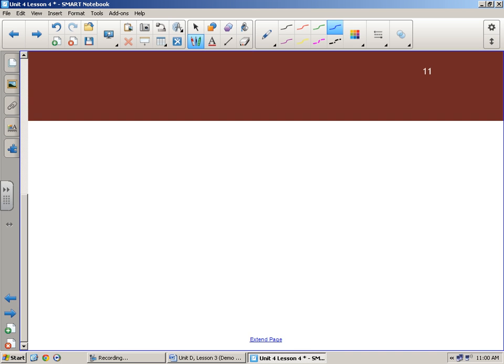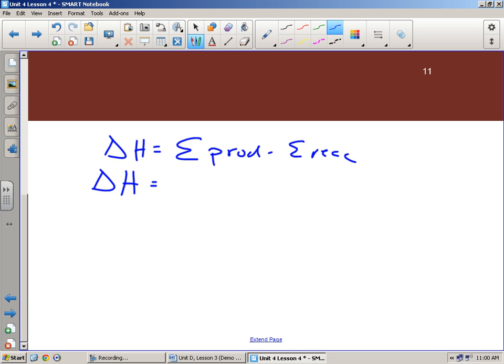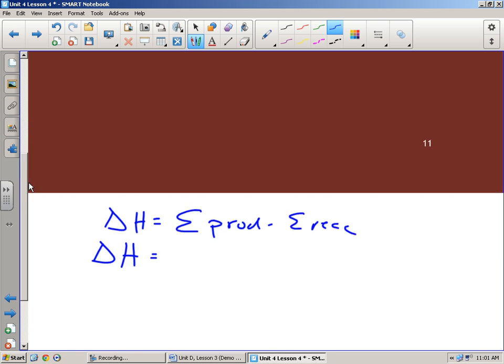So, down here, I want you guys to do this, please. Like I said, we did this in the lab, so maybe you guys can figure this out, but I want you guys to write this down, please. Products minus the reactants. That tells me delta H for this particular equation. If I figure that out, I can tell you if it's an exothermic or endothermic reaction based on whether it's a negative value or positive value.